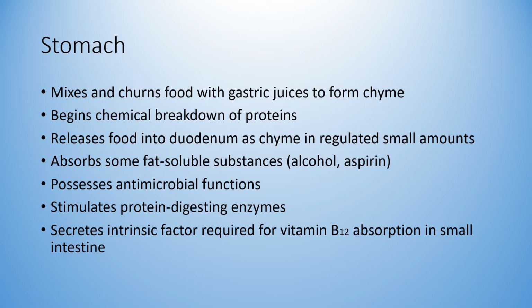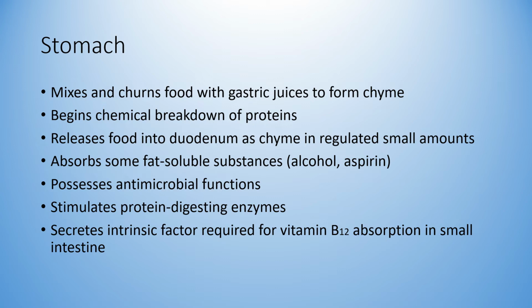Now, the area of the small intestines that is connected to the stomach is known as the duodenum, though depending on where in the country you are, people pronounce it differently. But that is just referring to the beginning portion of the small intestines.